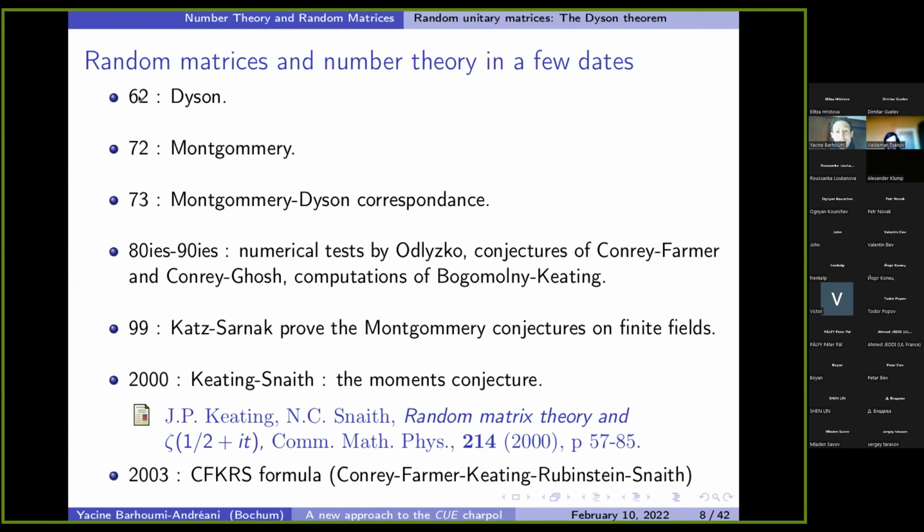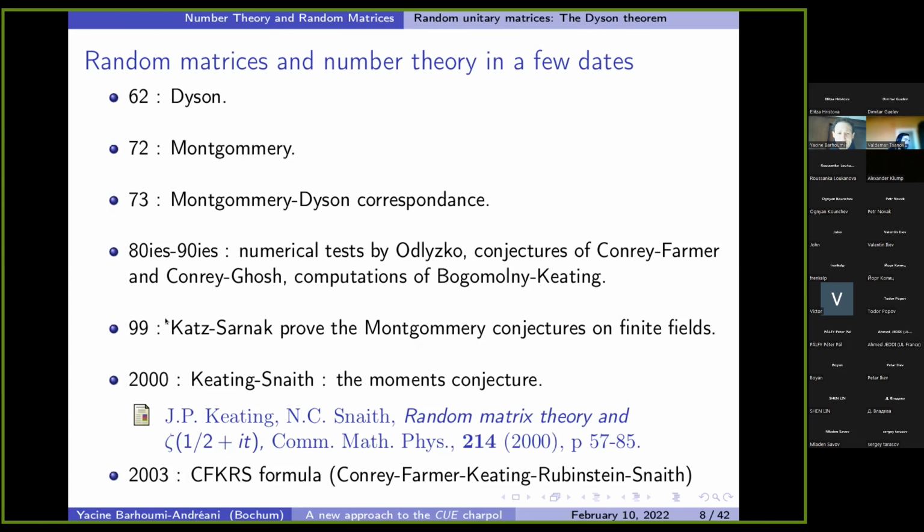So you see that 62, this is the Dyson theorem, 72 Montgomery, 73 they both meet and they realize that there is a correspondence between the zeros of the zeta function and the eigenangles or eigenvalues of the random unitary matrix. In the 80s and 90s, there was not so much that was done. There were numerics and conjectures, but not so much.